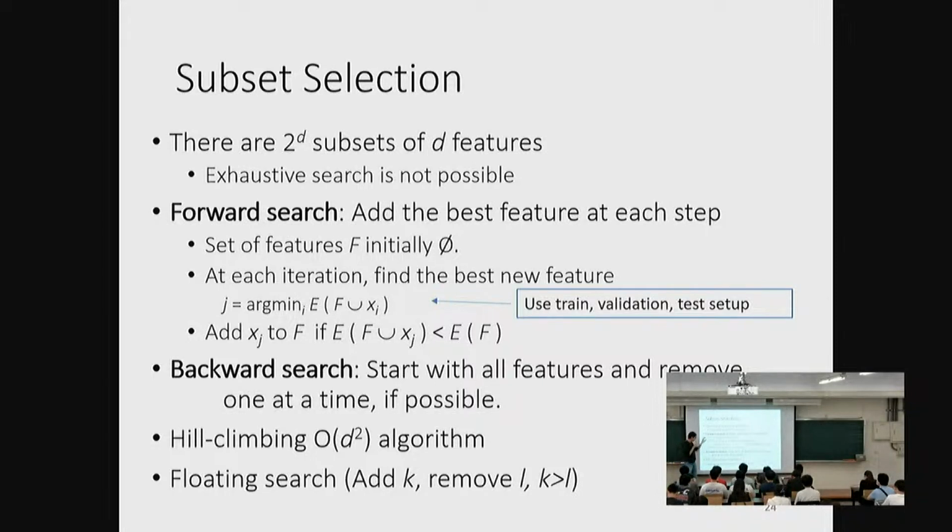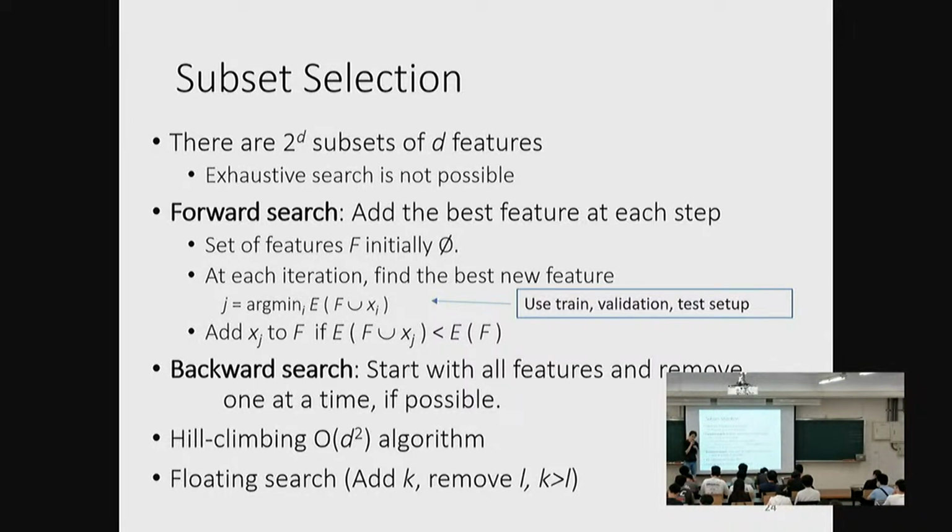These two are greedy, not globally maximum, because every time it's the best, it doesn't mean looking at the whole set is the best. It's only the best for that particular step. There's a modification that combines forward and backward.